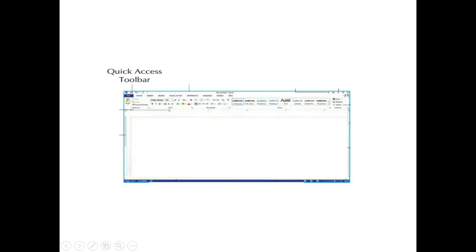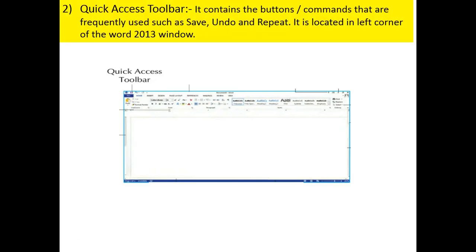Now next is quick access toolbar. Where is the quick access toolbar? This quick access toolbar contains the buttons and commands that are frequently used. Frequently used means what? Again and again use, repeatedly use. And which are the commands?